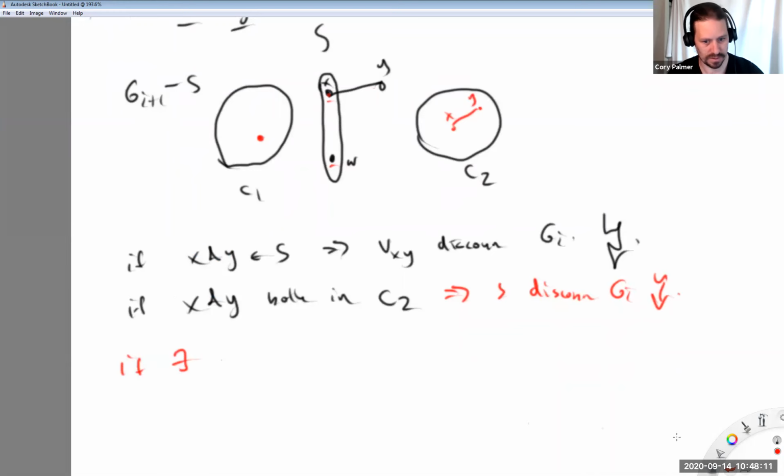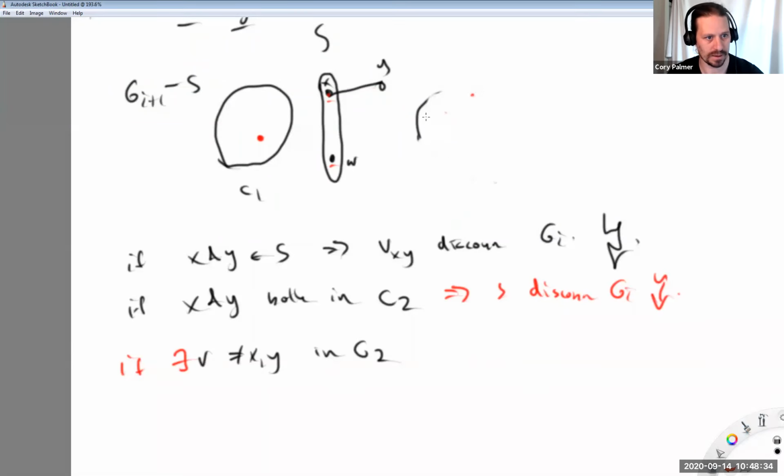there exists, we're almost done, a vertex that's not equal to X or Y in C2. Let's clean this picture up. This doesn't happen here. Oh yeah, so let me adjust C2 further.